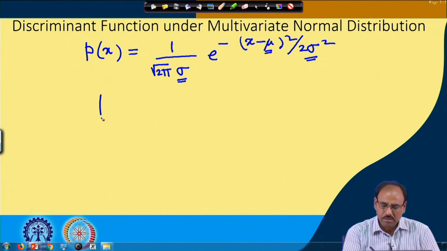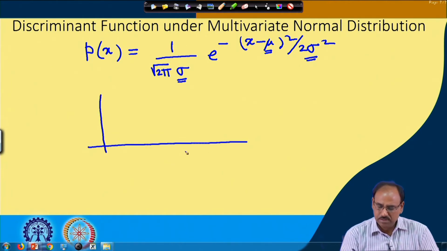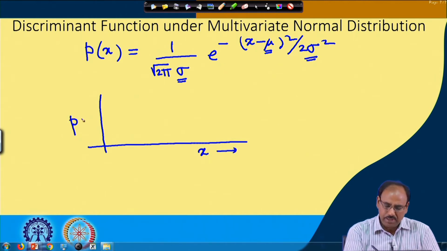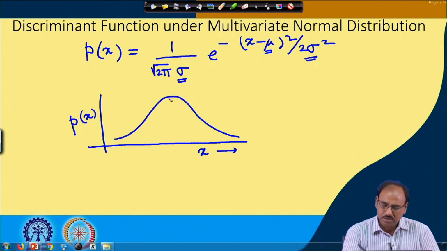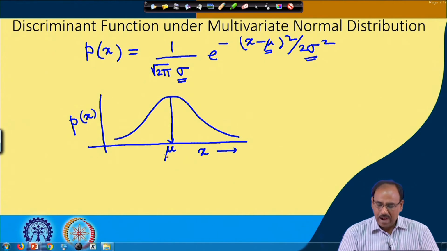And you all know that the typical form of this, if I plot x and p(x), is like this, where this is the mean of x, that is mu, and the spread of this envelope depends upon the value of sigma or sigma square.